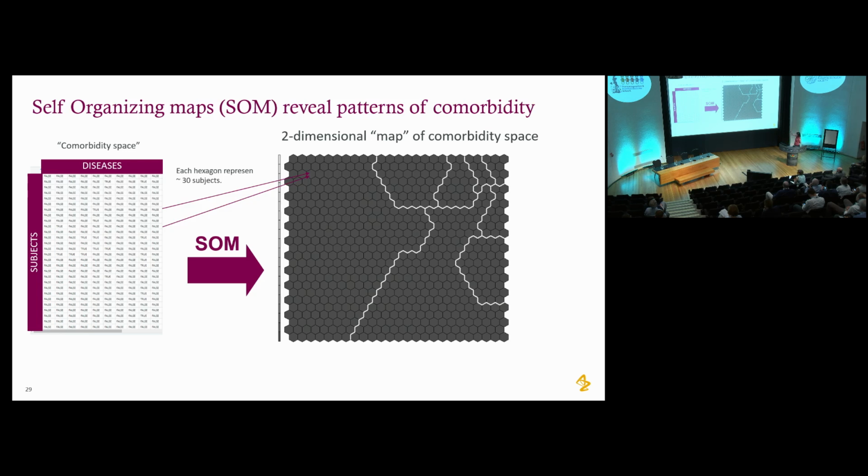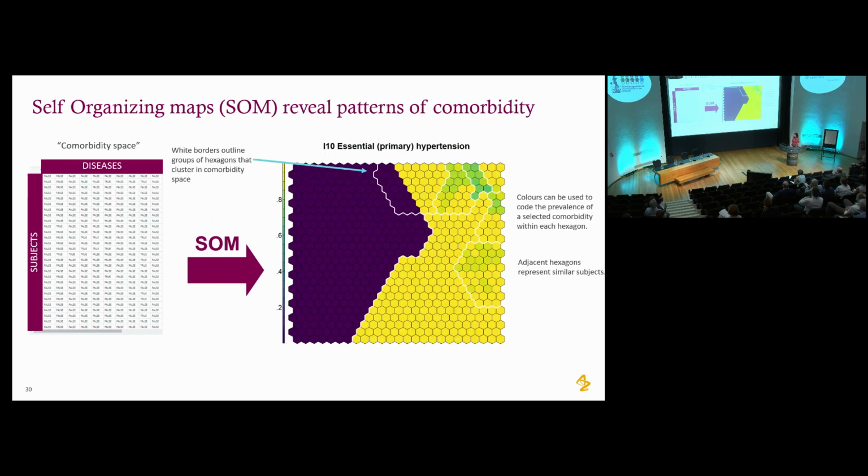And each hexagon now represents approximately 30 subjects, and adjacent hexagons represent similar subjects. We can then, for example, use color in the space to represent the prevalence of a selected comorbidity. So in this case, we look at hypertension, where blue indicates a low prevalence and yellow points to a higher prevalence. And again, this confirms that similar subjects are really grouped together.